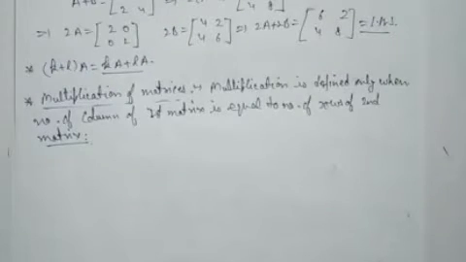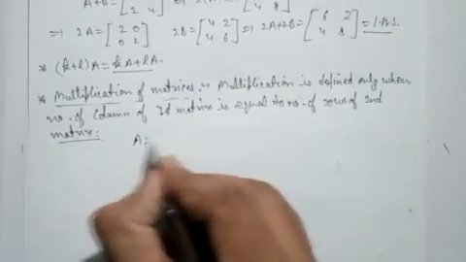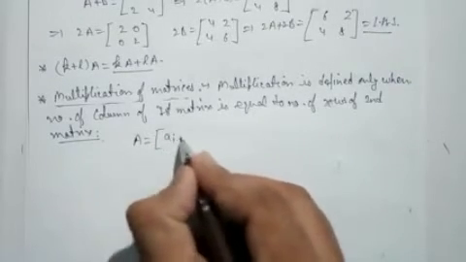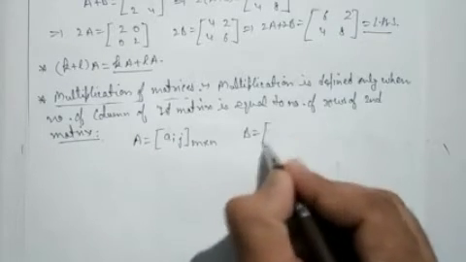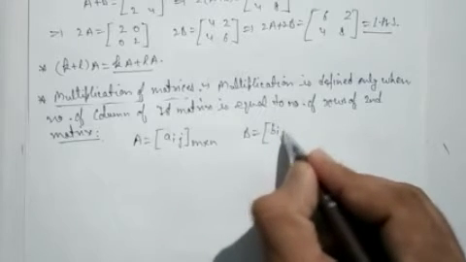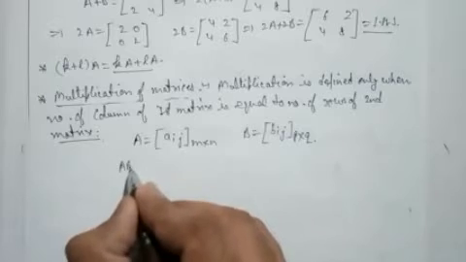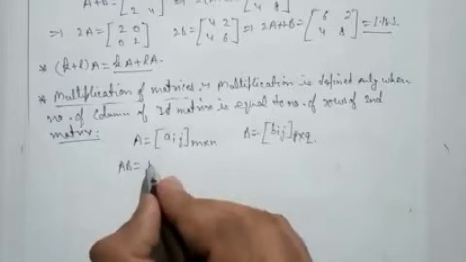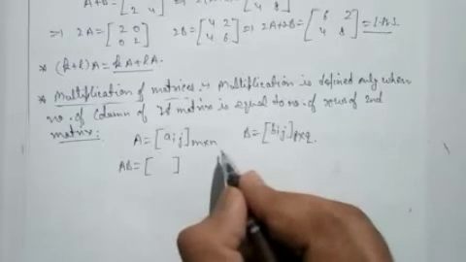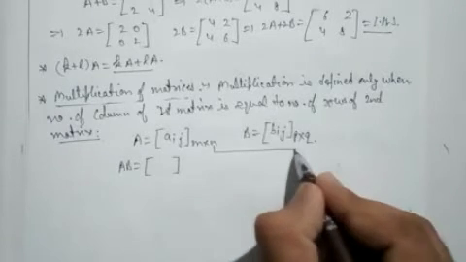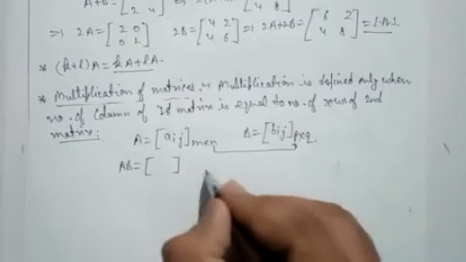If we would like to multiply two matrices, first of all we have to check that the number of columns of the first equals the number of rows of the second. If A matrix Aij is M cross N, B matrix Bij is P cross Q, AB is defined if the number of columns of the first matrix equals the number of rows of the second matrix.